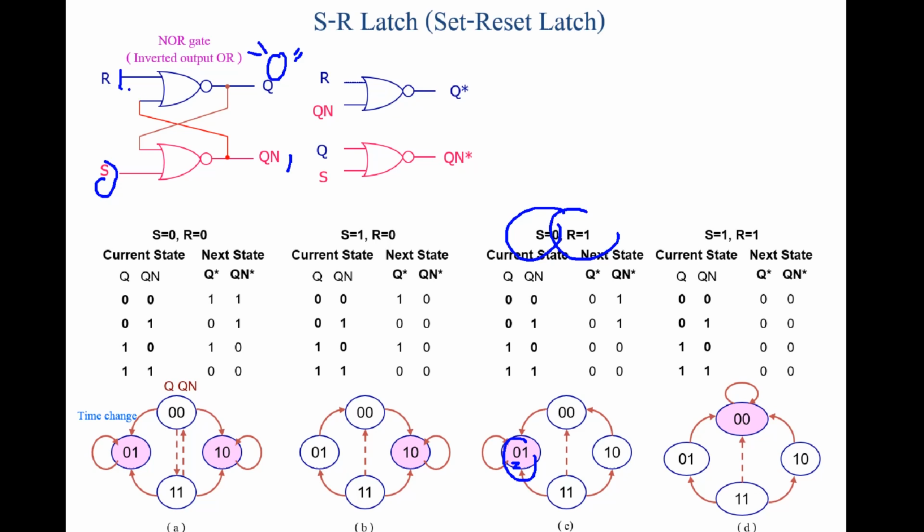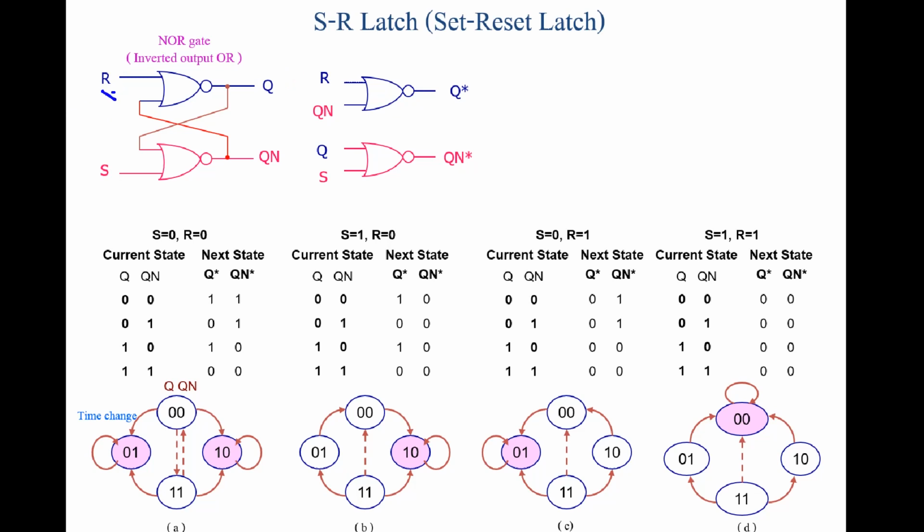When R is 1, S is 0, it forces output Q to be 0, so it's called reset. Actually S is from set. When the S input is active only, you force output Q to be 1. When input R is active only, you force output Q to be 0.